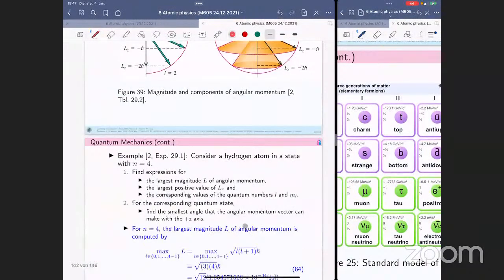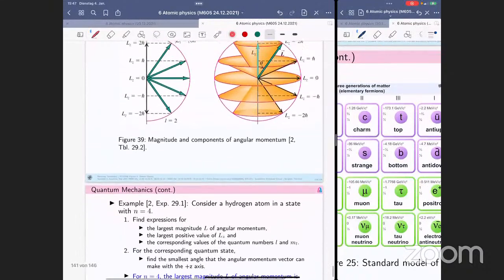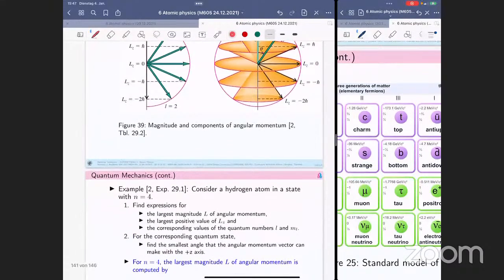Consider a hydrogen atom in a state with n equal to 4. Here is the first example about the hydrogen atom, in a state with n equal to 4. That's K, L, M, N, the capital N shell notation.